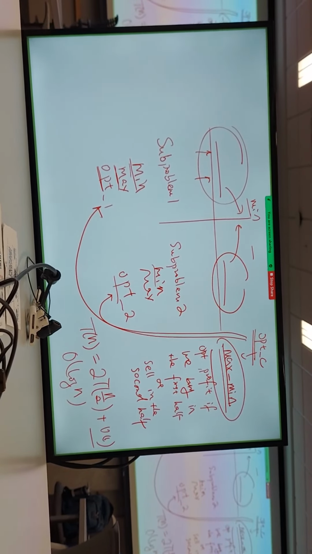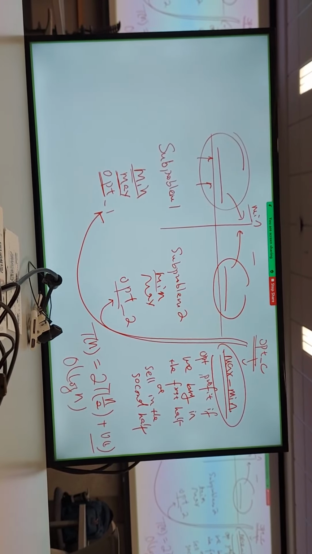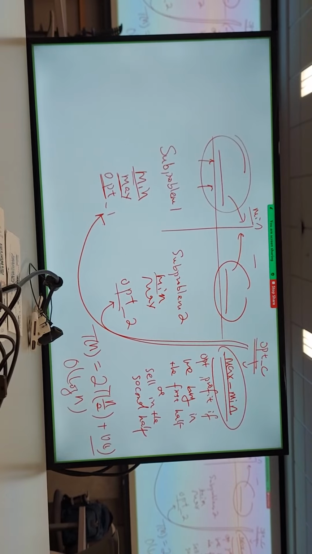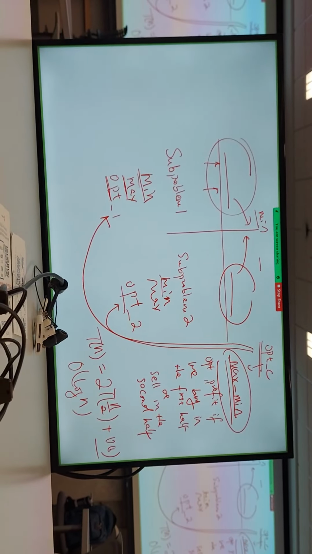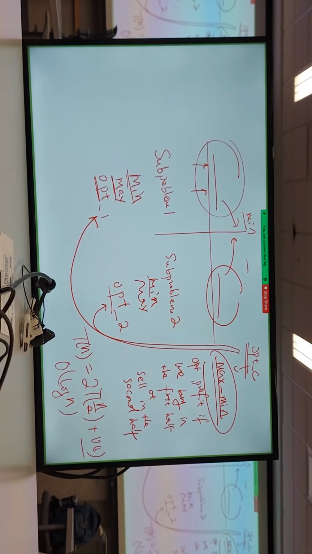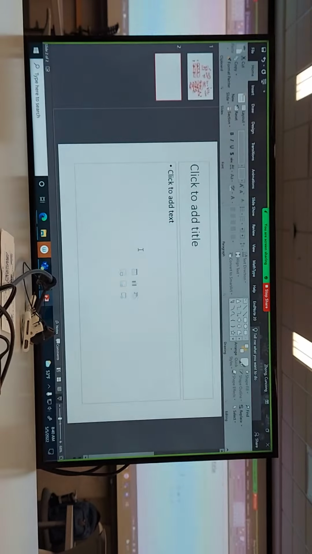Any other questions? Yeah. So, sorry, can you just go to the very last step? How do you get a log n equation? Oh, I mean, all right, so let me check the master theorem. I might be wrong in that case.